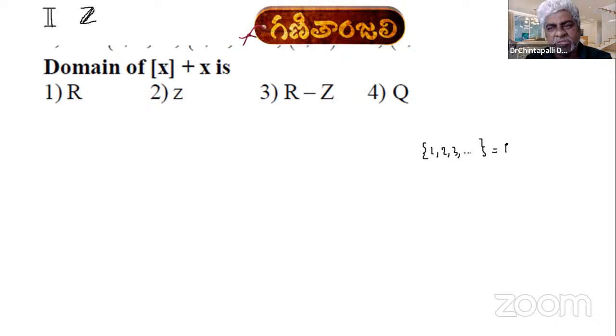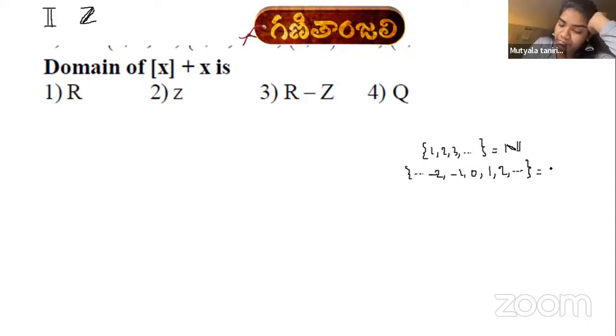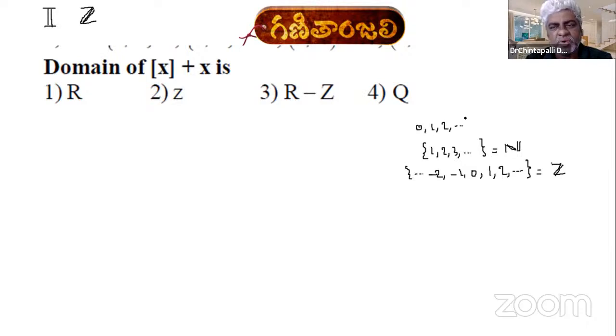The letter N is used to denote the set of natural numbers. Negative 2, negative 1, 0, 1, 2, and so on are integers, Z. If we add 0 to the natural numbers, 0, 1, 2, and so on, these are called whole numbers, represented by W.